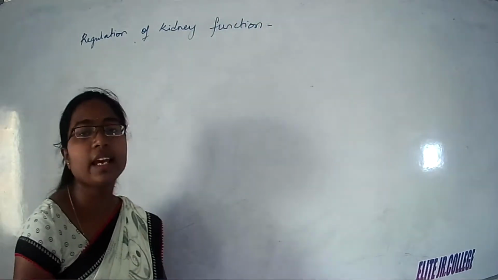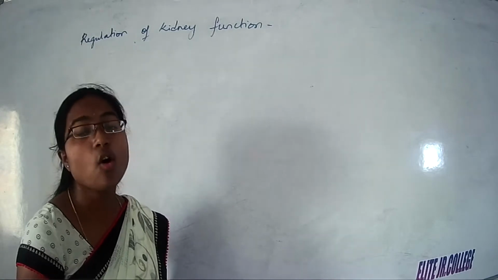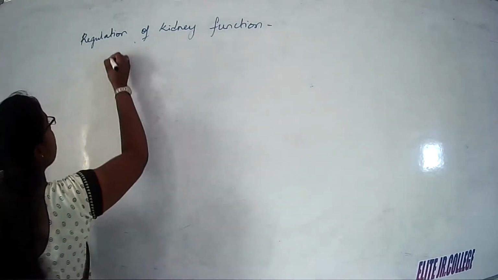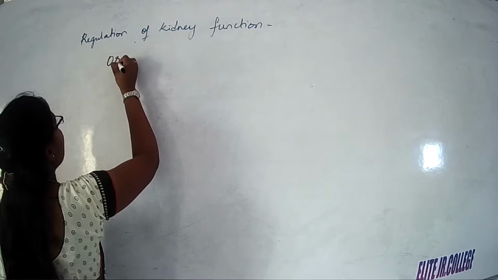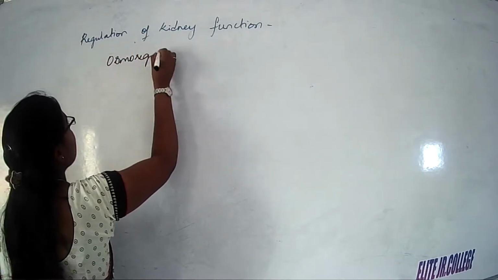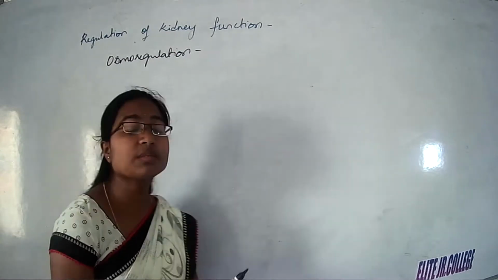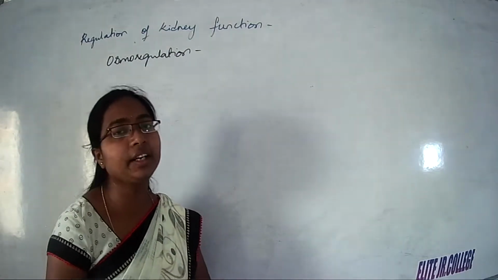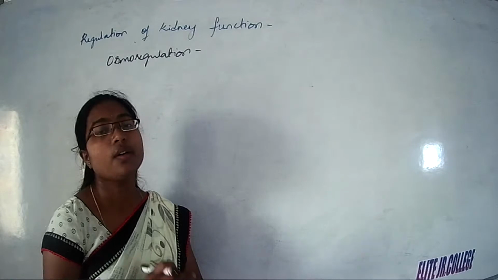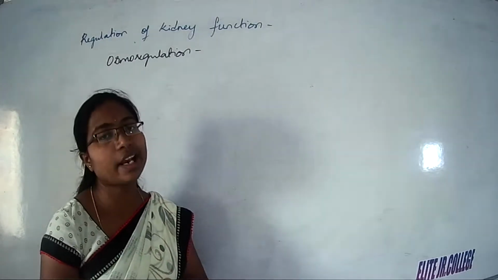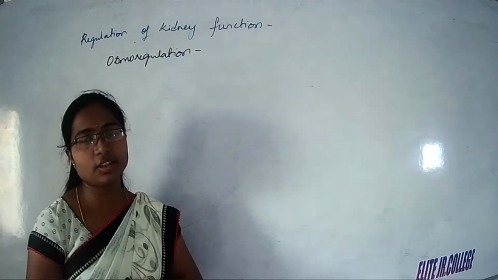So, the kidney's main job is to maintain osmoregulation. This is the main job of the kidneys. Osmoregulation is nothing but maintenance of the solute balance and also water balance in the body.